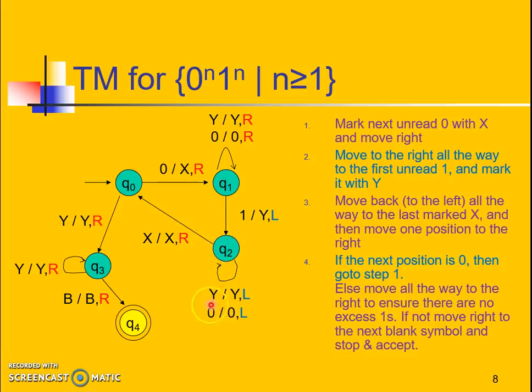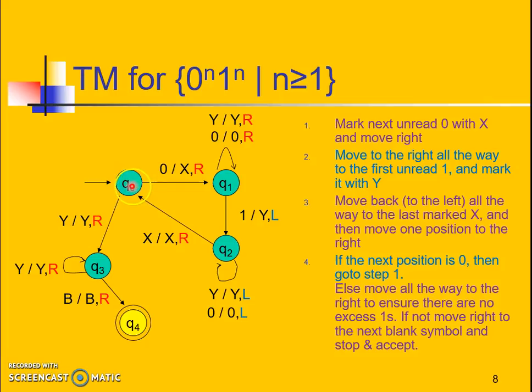When it is in q2, Y is replaced with Y and it moves left, or 0 is replaced with 0 and it moves L. When it is in q2 and encounters X, X is replaced with X, the machine head is moved right, and q2 changes to q0.